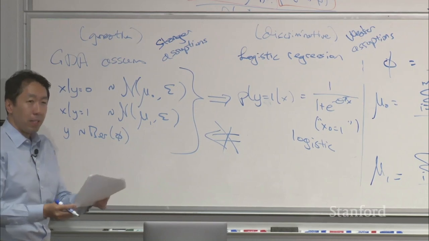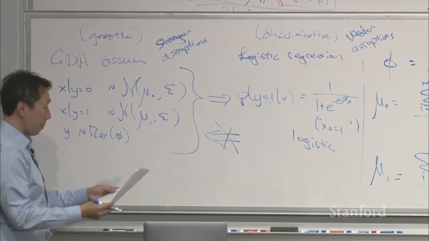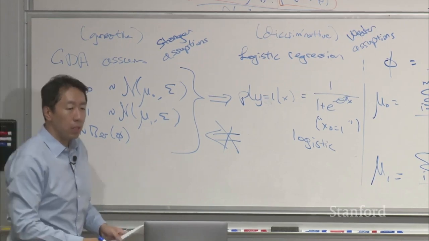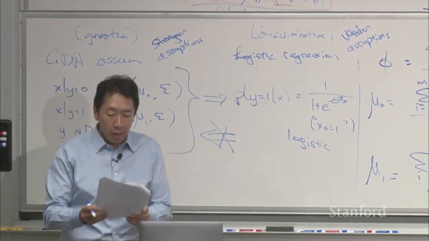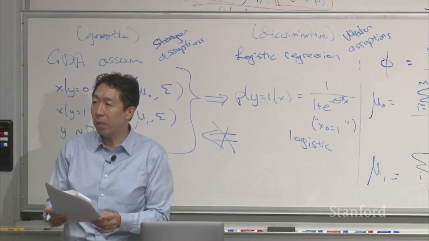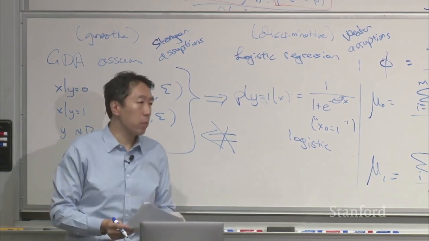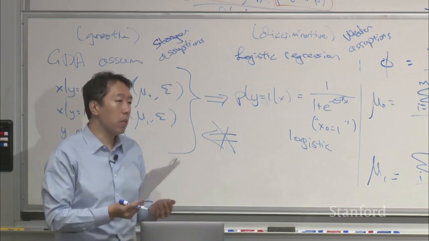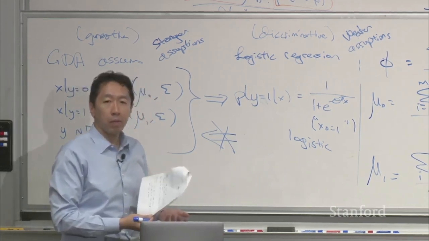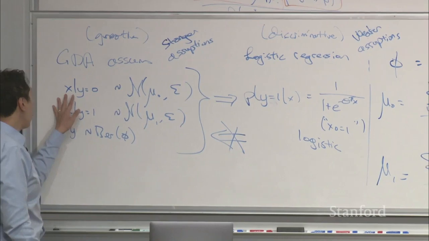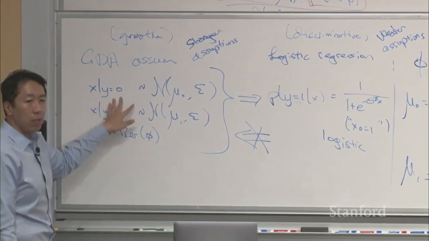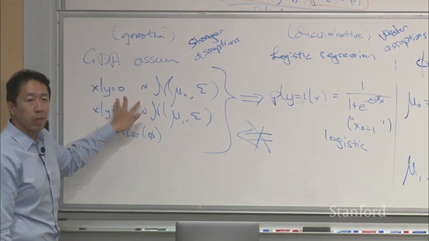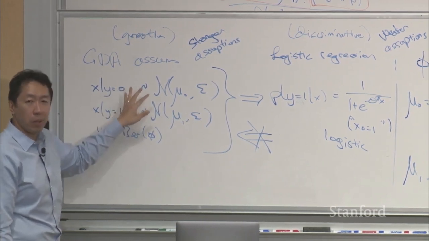And what you see in a lot of learning algorithms is that if you make stronger modeling assumptions, and if your modeling assumptions are roughly correct, then your model will do better because you're telling more information to the algorithm. So if indeed x given y is Gaussian, then GDA will do better because you're telling the algorithm x given y is Gaussian, and so it can be more efficient.